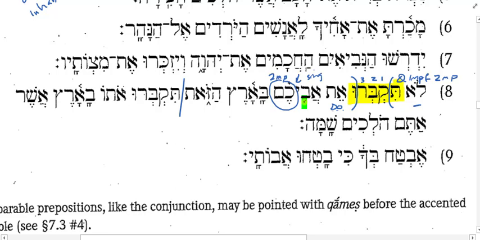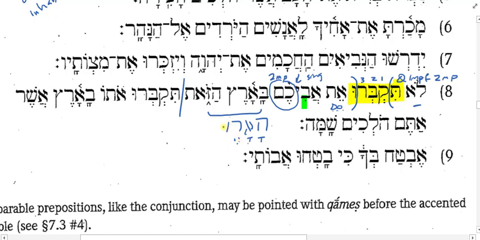Singular. And then this is telling me where? Ba'aretz hazot. In, is it a land or the land? Well, hold on. Just look at ba'aretz. Is that articular or not? Yes, it is articular. This would normally be ha'aretz.